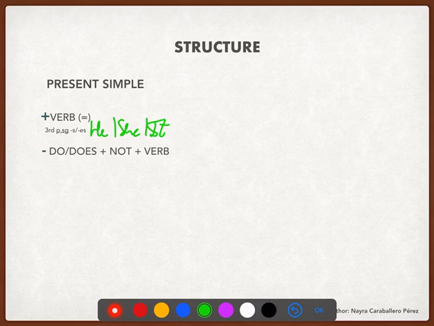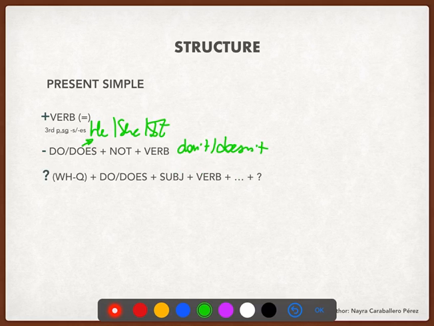To form the negative, we add do or does. Again, does is used with he, she, it, plus not plus the verb, or don't or doesn't. Okay, it doesn't matter.